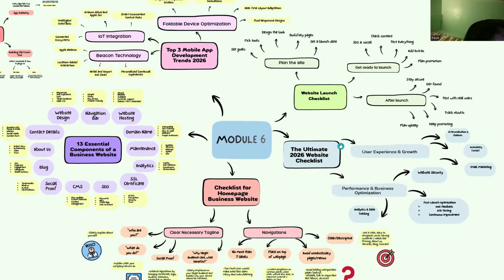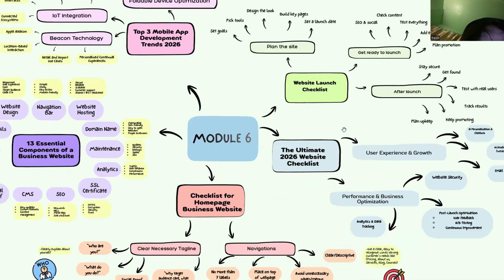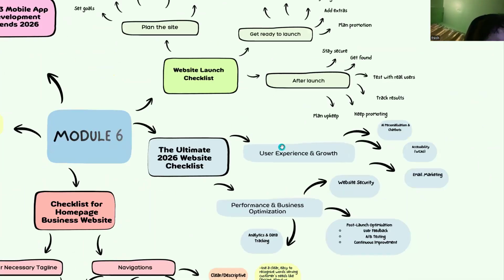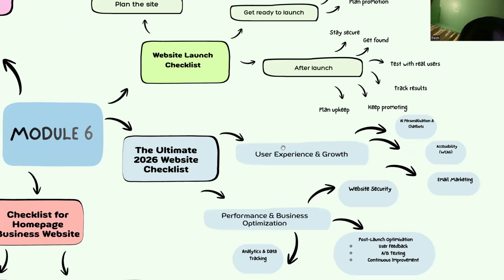And now let's look at the ultimate 2026 website checklist. For performance and business optimization, we prioritize website security by protecting customer data and ensuring secure online transactions. We also implement analytics and data tracking to monitor user behavior, website traffic, and conversion rate.